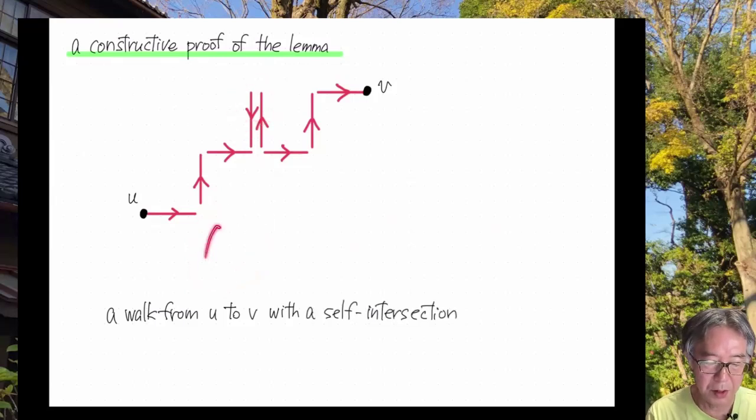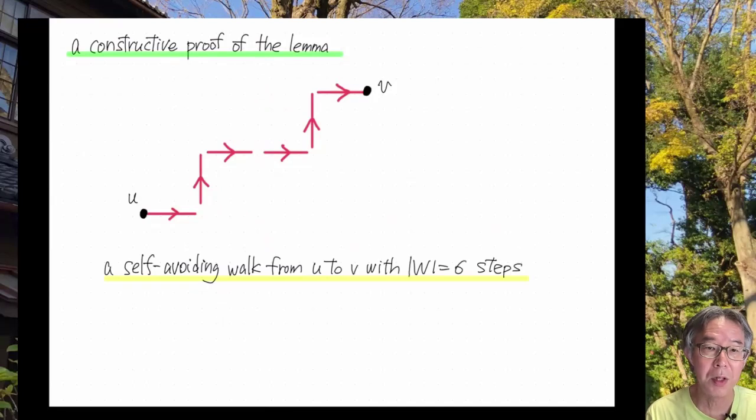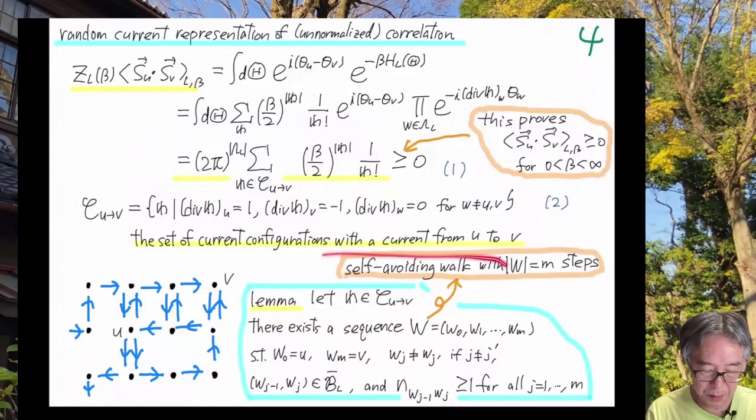So you delete this, and you also delete this, and then you get a self-avoiding walk from U to V. In this case, it's 1, 2, 3, 4, 5, 6 steps. I think you are convinced that you can always do this in any case, so I think you agree that this lemma has been proved.